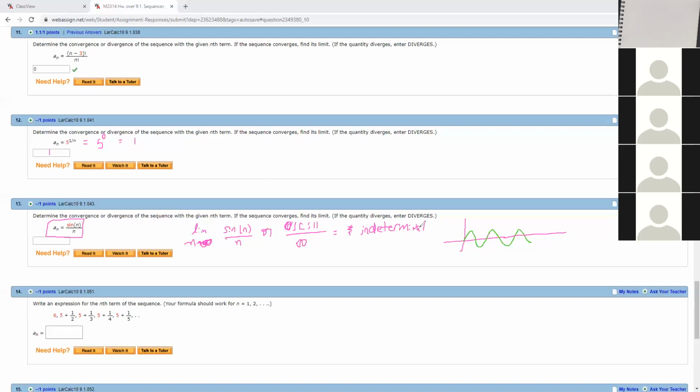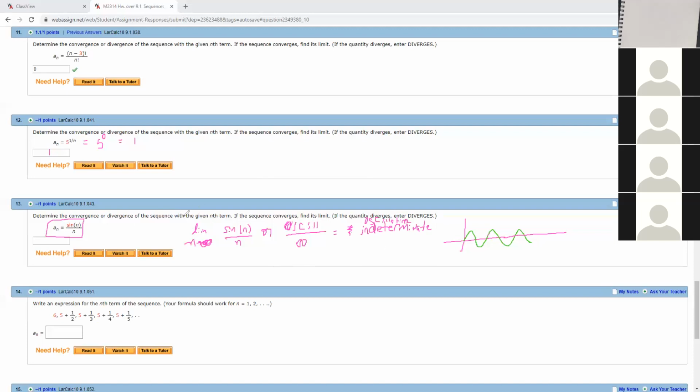I'm going to get my words mixed up here. So this is an indeterminate, but it's an oscillating indeterminate. And we don't know the determinate value yet. So it's not a friendly indeterminate. We can't use L'Hopital's rule.